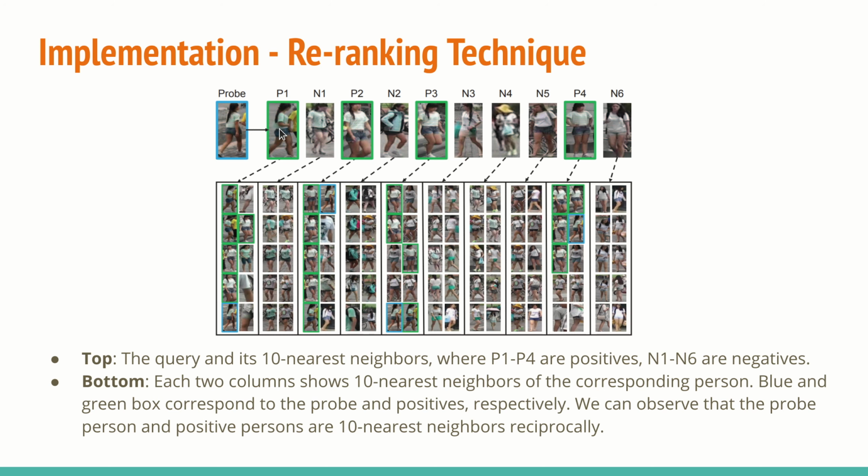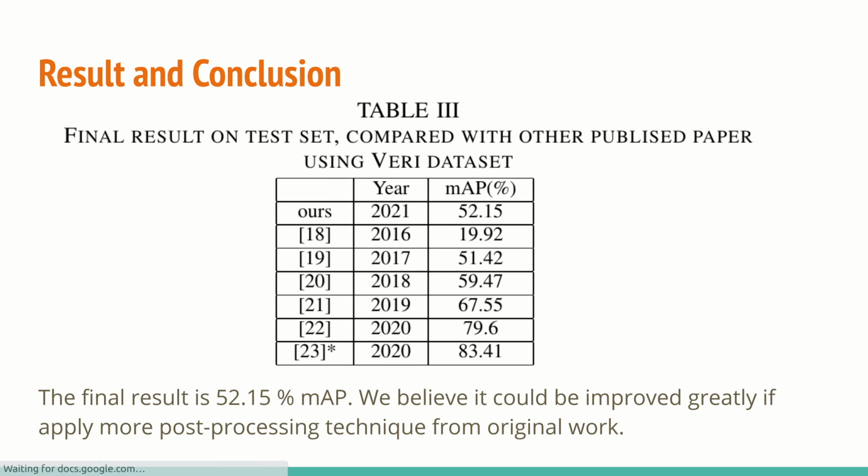We can observe that a positive image usually has neighbors that are positive images too. So the assumption here is that within the gallery of images, the images that have positive images as relatives are likely to be positive. The details of this algorithm I have explained in the paper.